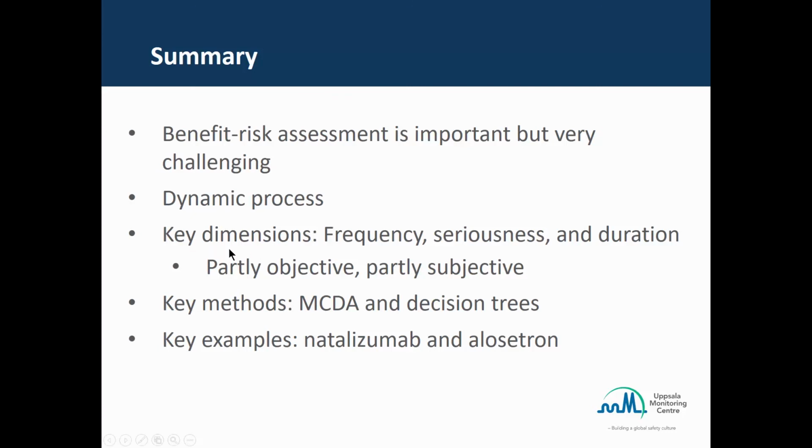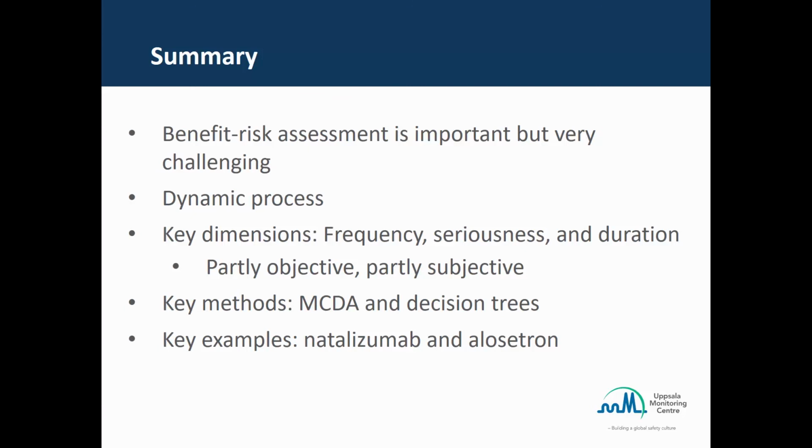Further, I have introduced the key concepts of frequency, seriousness and duration, and I think it's very important to realize that these are different in nature, especially if we look on the objectivity-subjectivity scale. And then in the second part of the lecture I introduced some formal methods that have been generally considered promising as tools to support humans in the benefit risk assessment process.